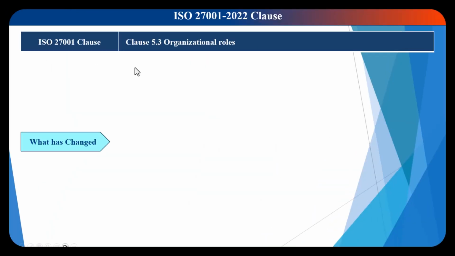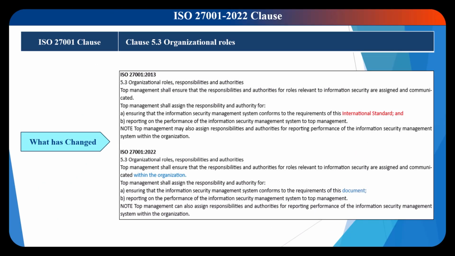In clause 5.3, in the previous version, there's also just a verbiage change. Under section A, it would read, ensuring that the information security management system conforms to the requirements of this standard and reporting on the performance and so forth.